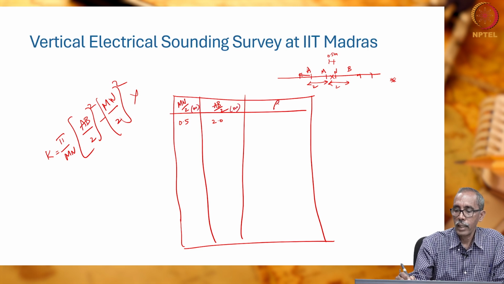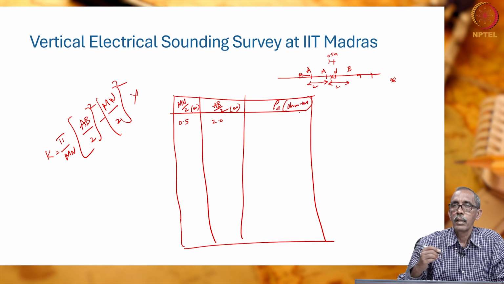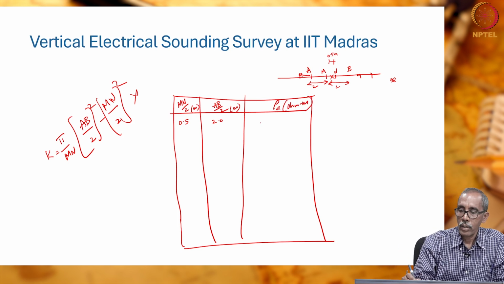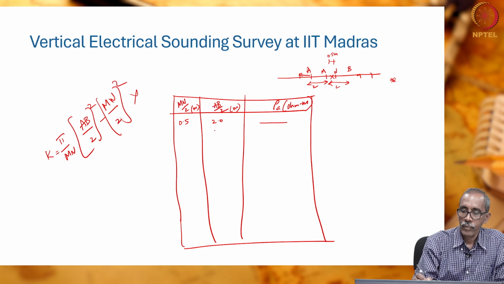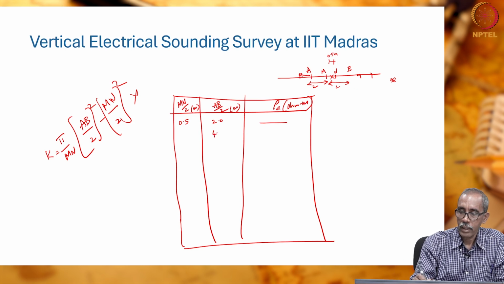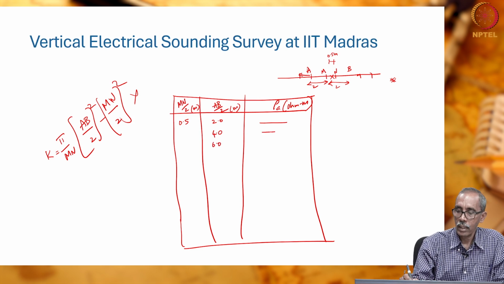The instrument directly gives the apparent resistivity in ohm-meters. We note down the resistivity, then we increase the distance to, let us say, 4 meters, 6 meters, 8 meters. This is how we increase the distance between the electrodes and note down the values.